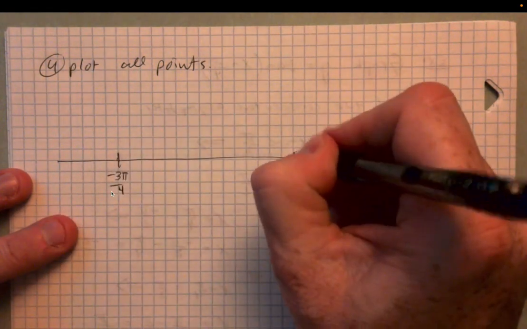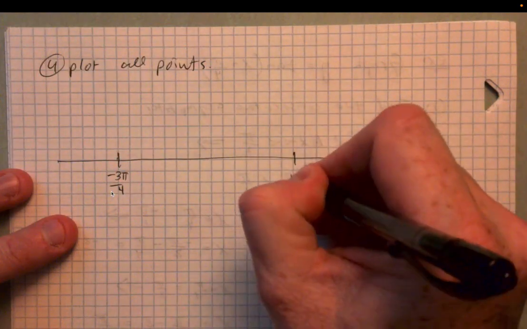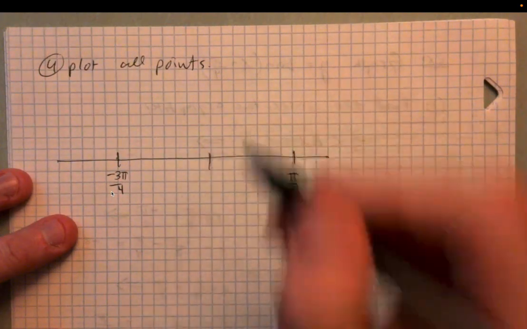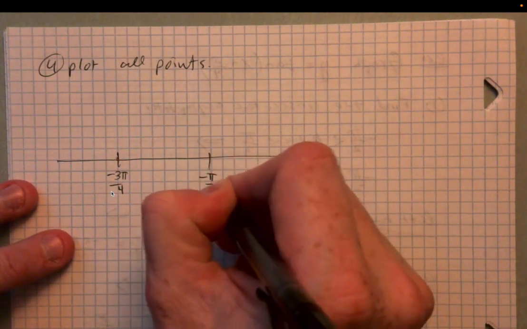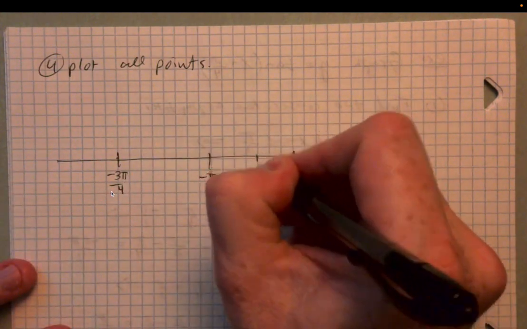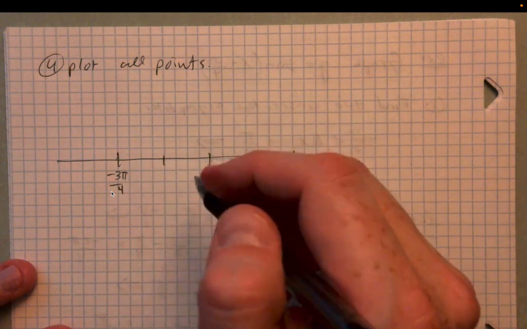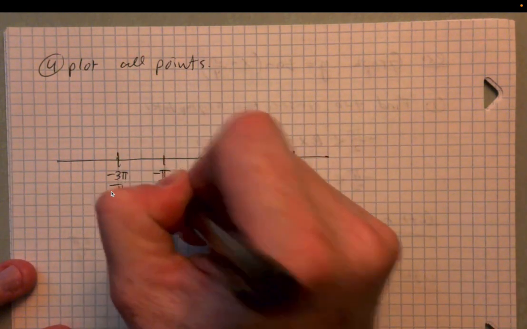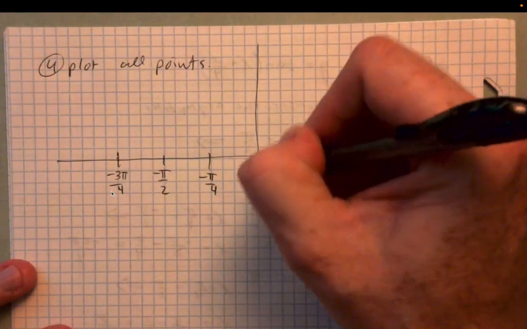And then somewhere up here, I've got my pi over 4. And we'll say right in the middle is this, and that is going to be negative pi over 4. And then I've got 0 here, and this one is negative pi over 2. Okay, and so here's my y-axis here, actually, technically.